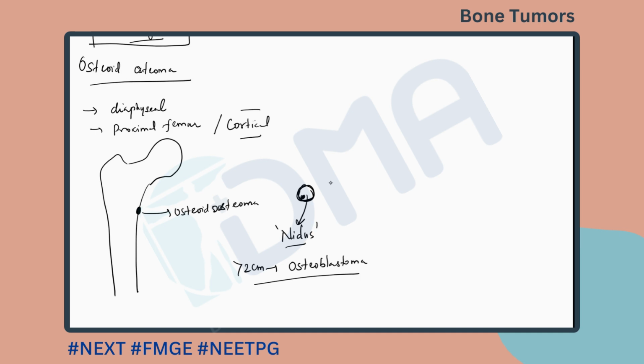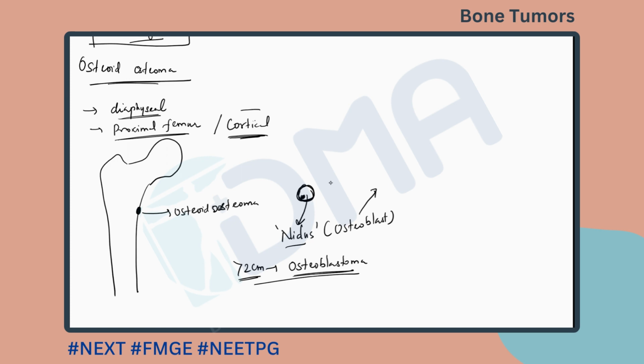Okay, clear? So what is osteoid osteoma? This is a tumor commonly seen in the diaphyseal region. The most common bone involved is the proximal femur, and it involves the cortex. Normally it is surrounded by a lucent area. That lucent area is called the nidus. This nidus contains osteoblasts. If this nidus is more than 2 centimeters in size, then the tumor is called osteoblastoma.